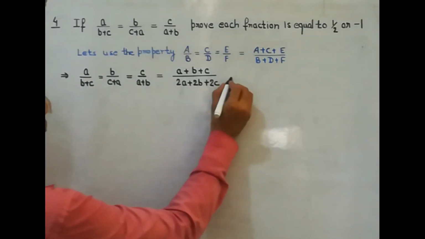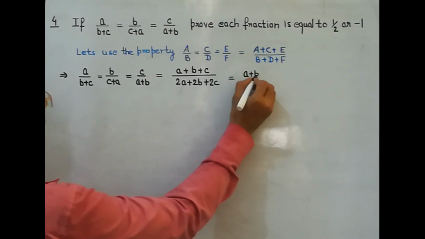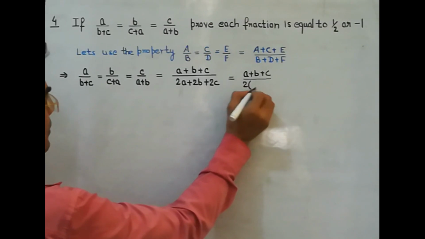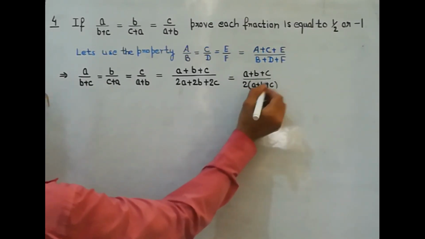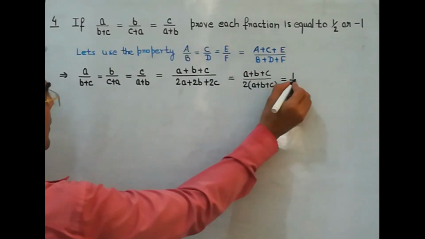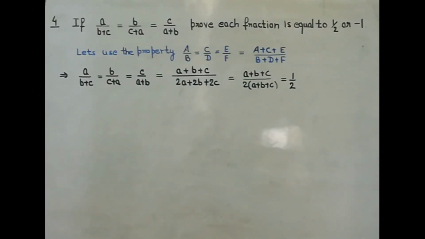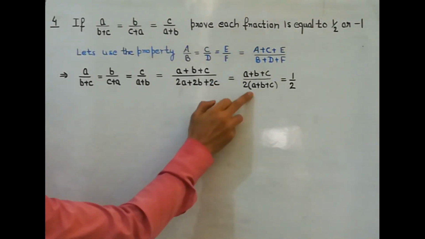So if you solve it further, you will be getting A plus B plus C. You can take 2 common, so A plus B plus C, this will cancel out, is equal to half.